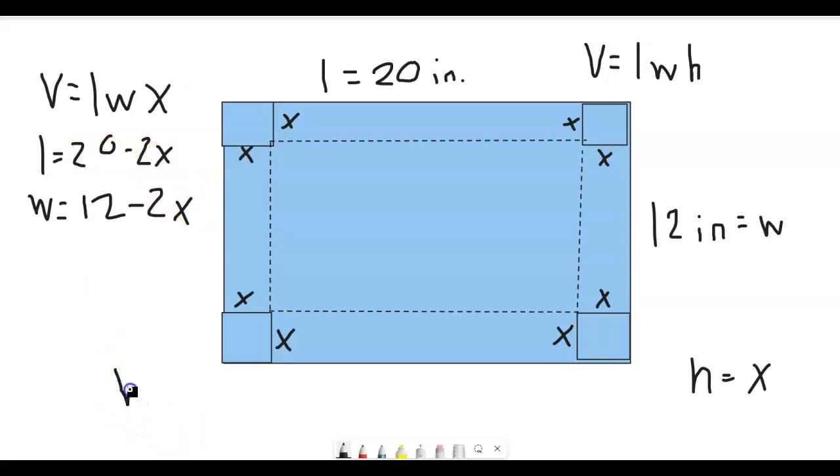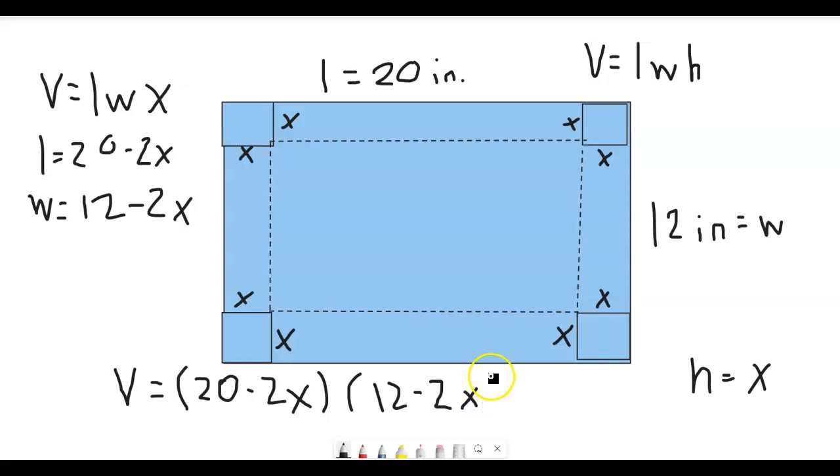So our volume is going to be equal to our length, which is 20 minus 2X. Sorry. And then times our width, which is 12 minus 2X, times our height, which is just X.